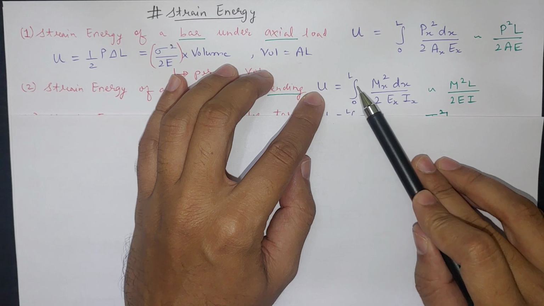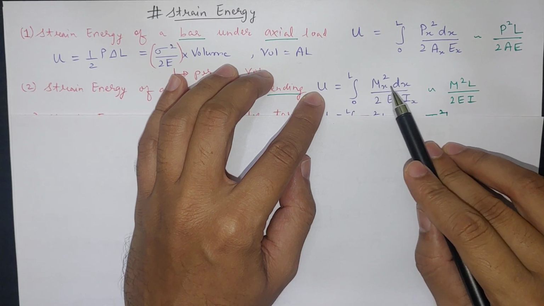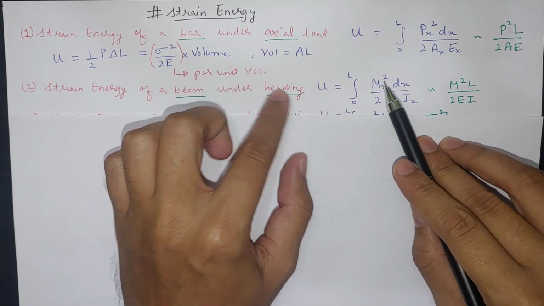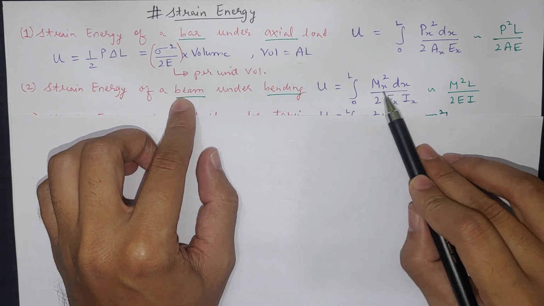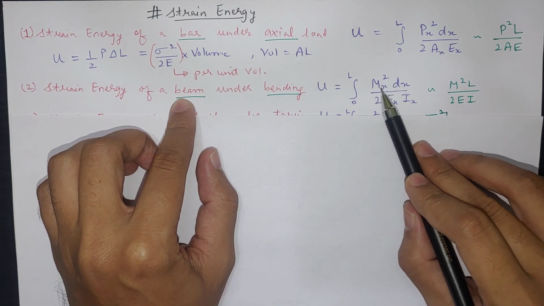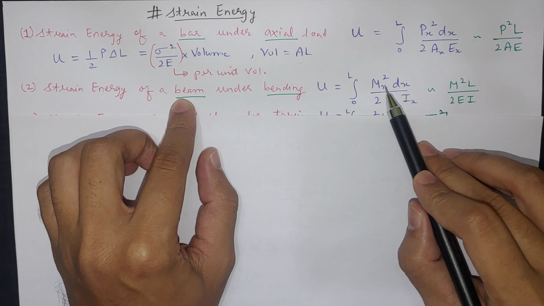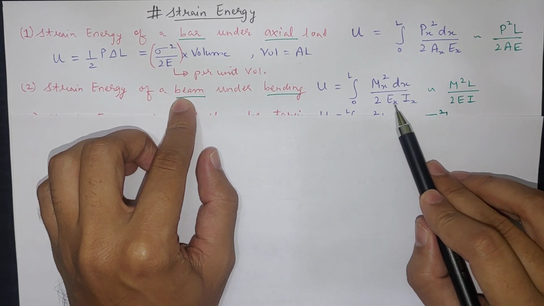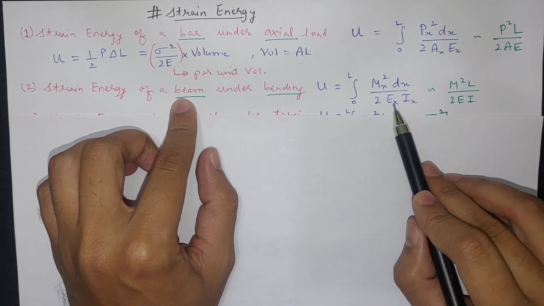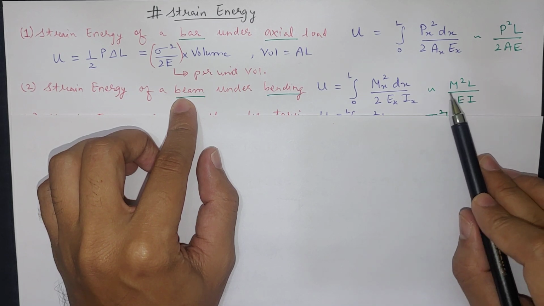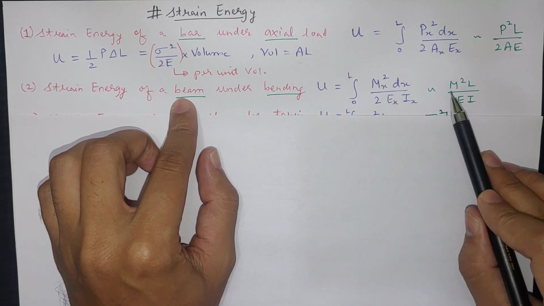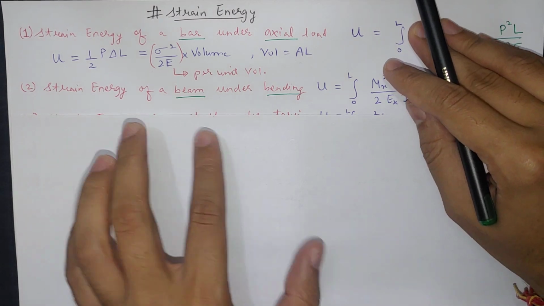So U is equal to integration 0 to L of Mx square dx upon 2EI, where Mx is the bending moment applied on the beam, a function of x if it varies with x. I is the moment of inertia of the cross section and E is Young's modulus. If all are constant, then it is M square L by 2EI.